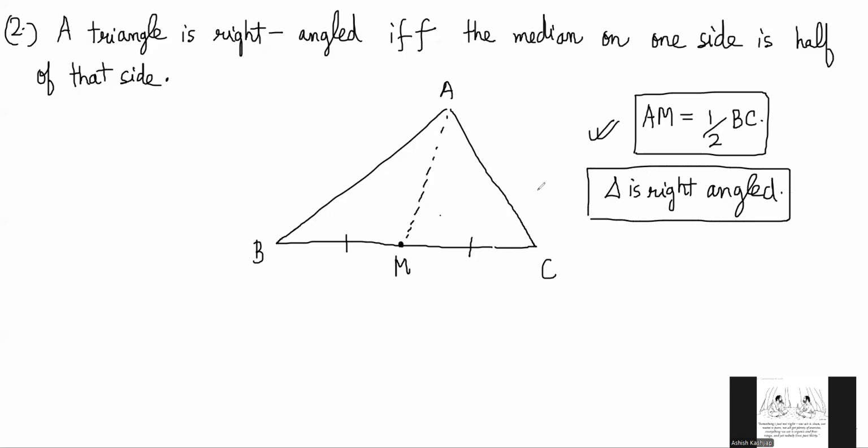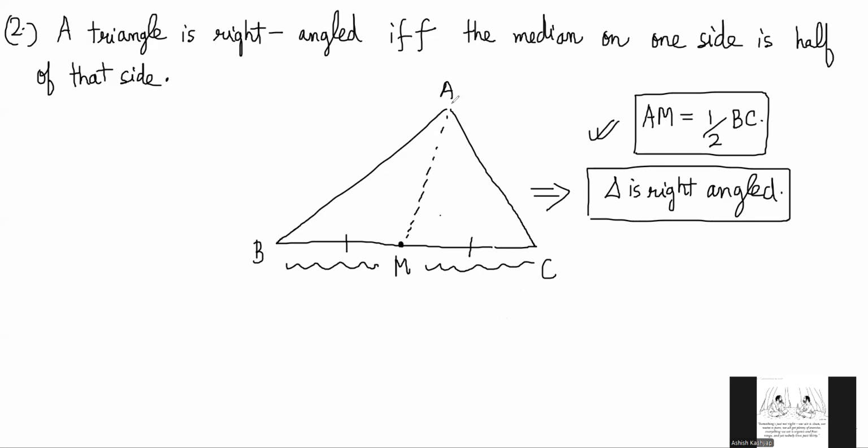Is everyone understanding the question? So try it out. Think about it. Half of BC, by definition, is BM, right? BM and MC, right?